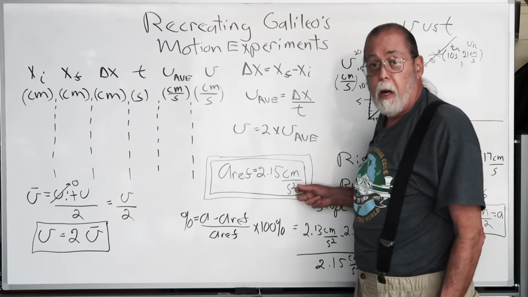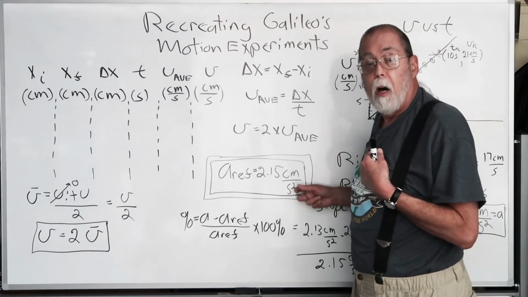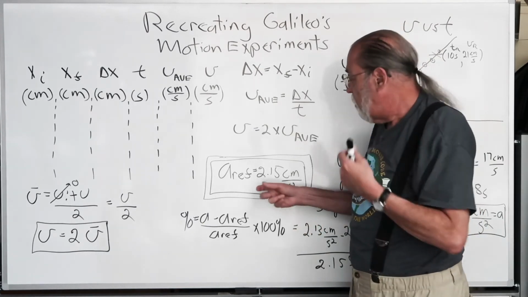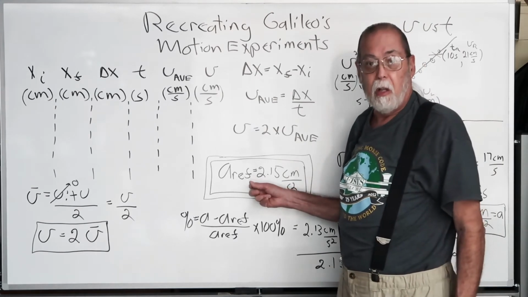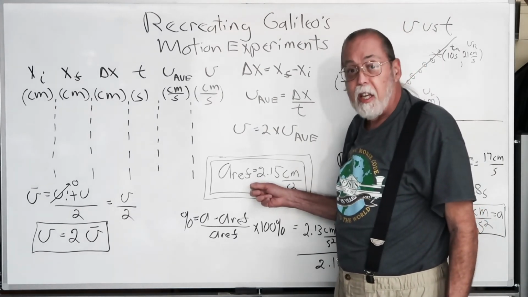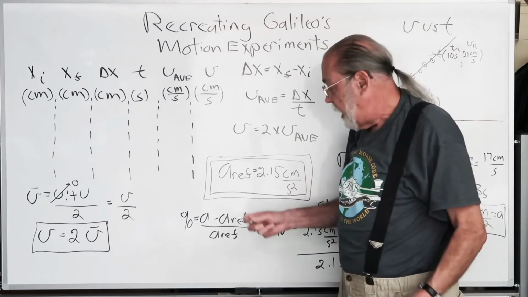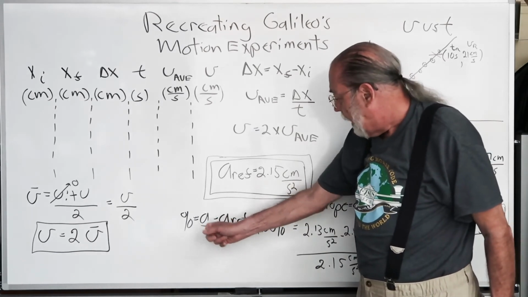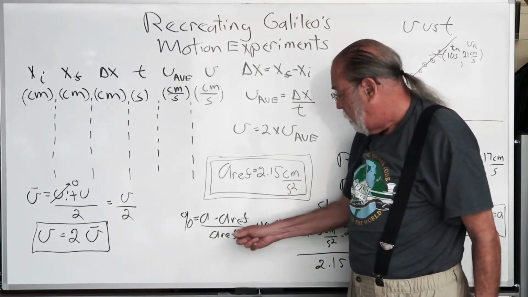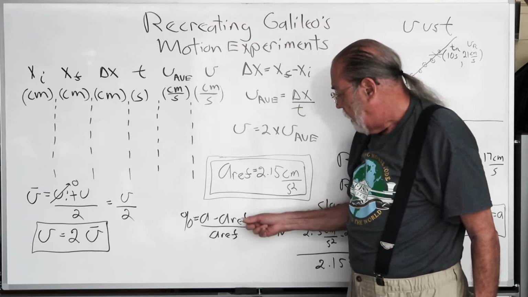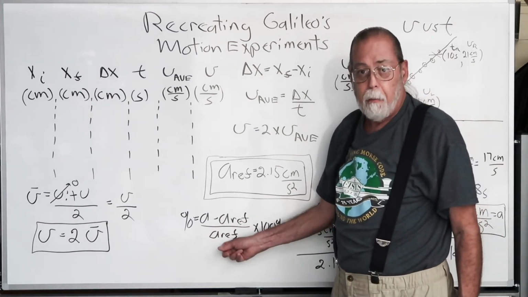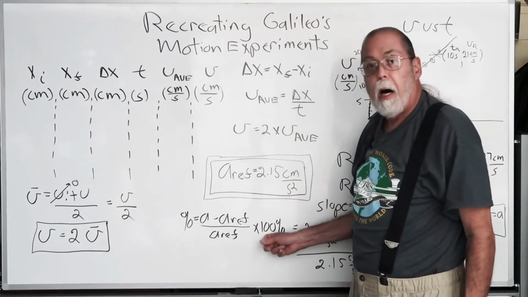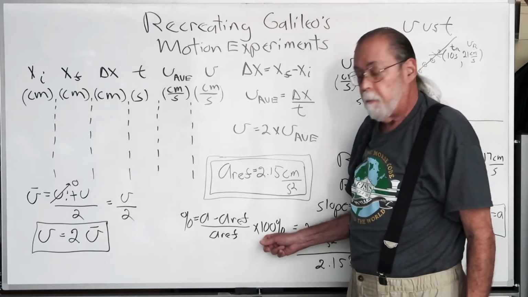So we can compare our value of the acceleration with the reference value of the acceleration. How close did we come? In my case, you subtract the reference value from the measured value, then you divide by the reference value, and then you multiply by 100%.